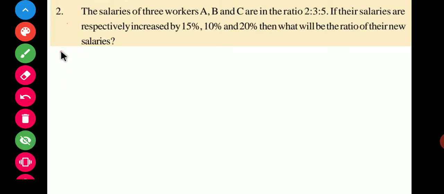Yes, the salary ratio between A : B : C is given as 2 : 3 : 5.